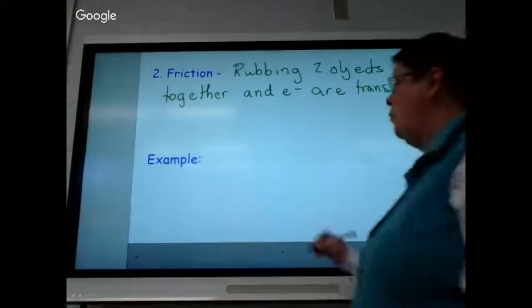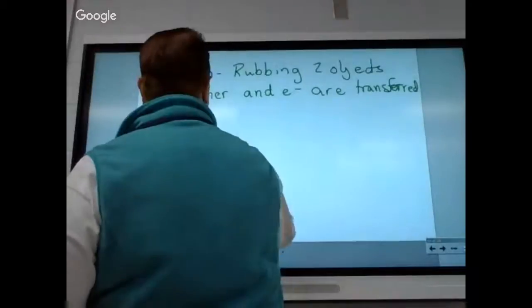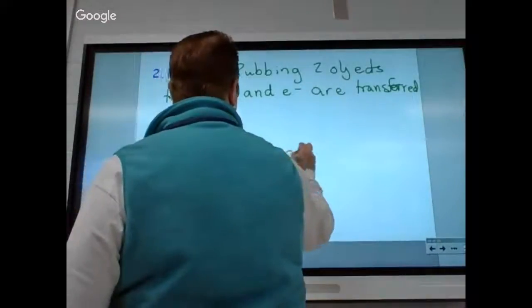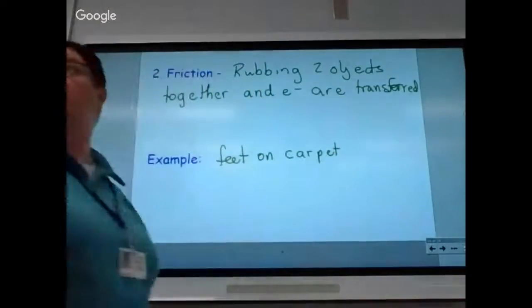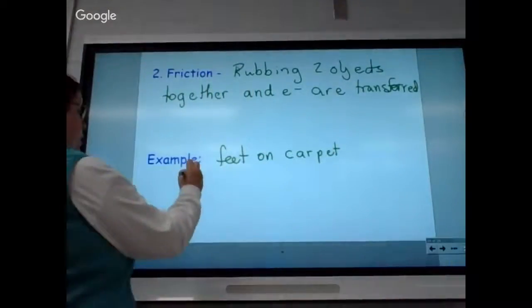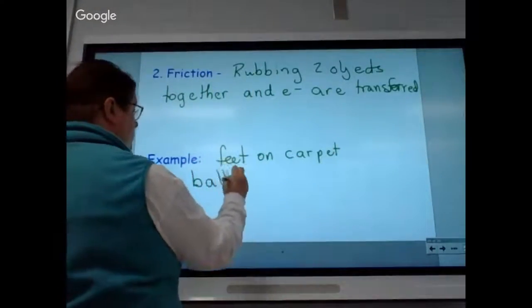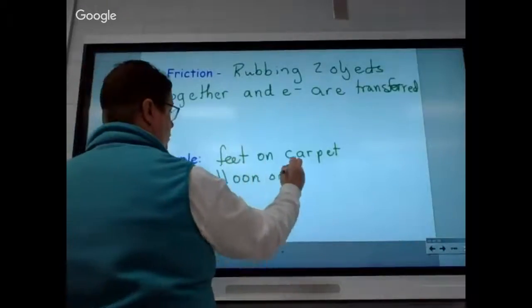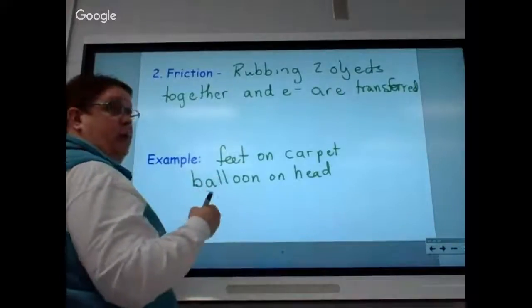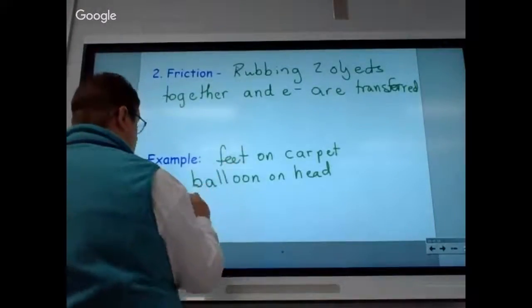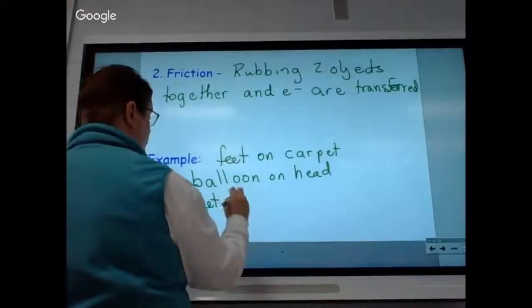All right, feet on the carpet. Y'all gave me an example earlier. A trampoline. A balloon on a head. All right, a trampoline. What are we rubbing on the trampoline?